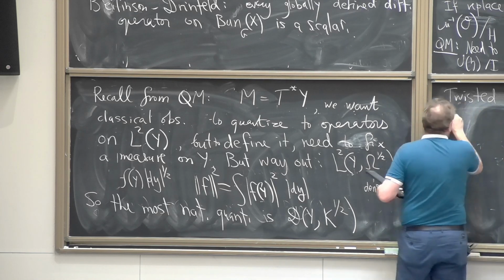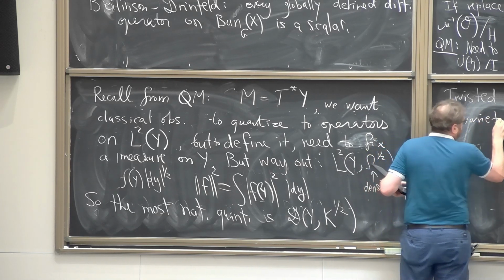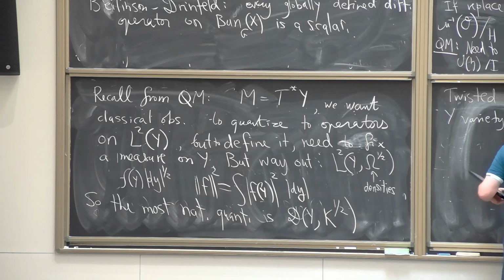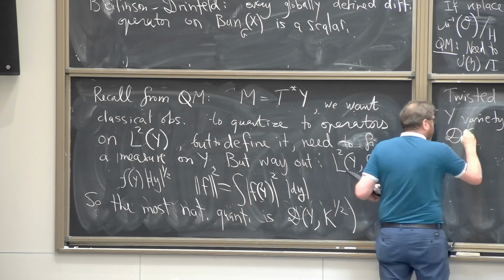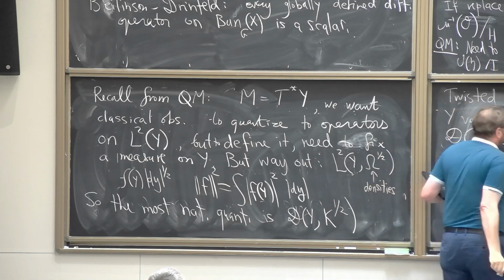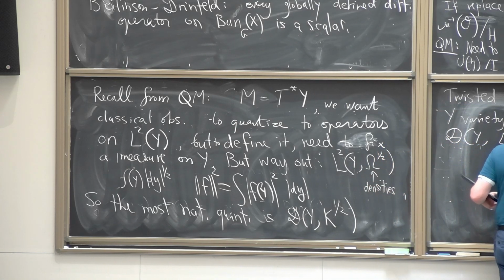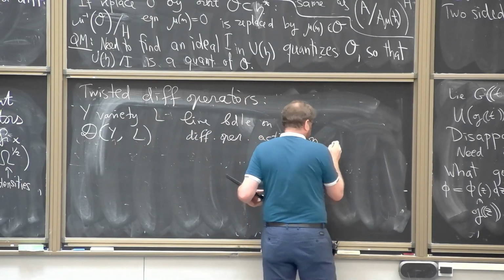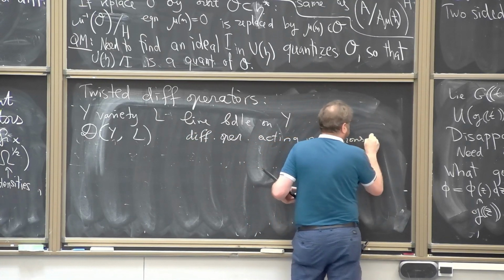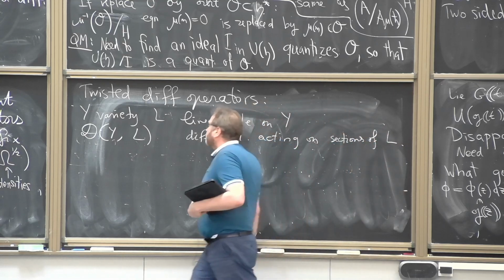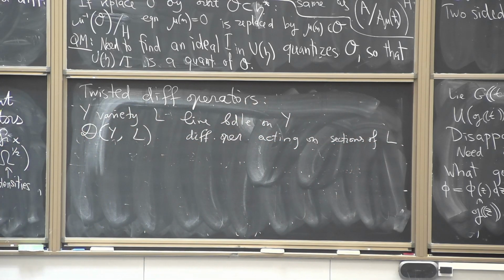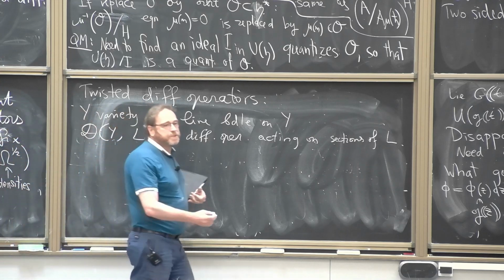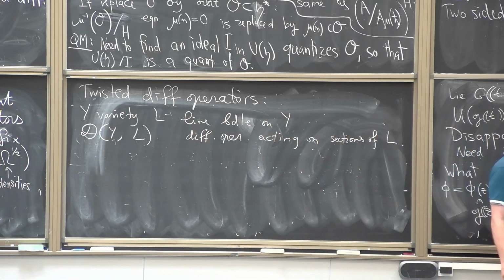So if Y is a variety and L a line bundle on Y, then you can define the algebra D of Y, L of differential operators acting on sections of L. And you can check that this is not isomorphic in general to ordinary, usual differential operators on Y. It's Morita equivalent to them, but not isomorphic.